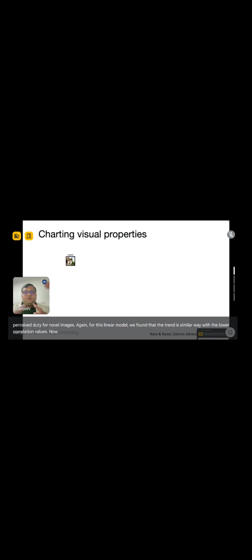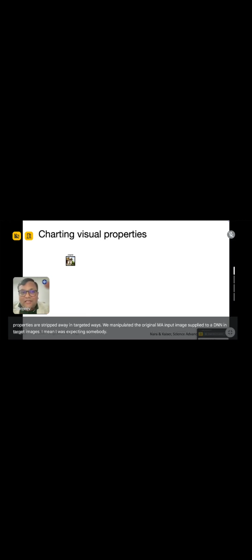Again, for the linear model, we found that the trend is similar, with lower correlation values. Now, to explore how the relationship of integration and perceived beauty changes when visual properties are stripped away in targeted ways, we manipulated the original input image supplied to a DNN.